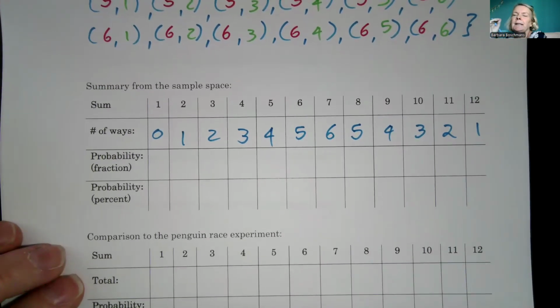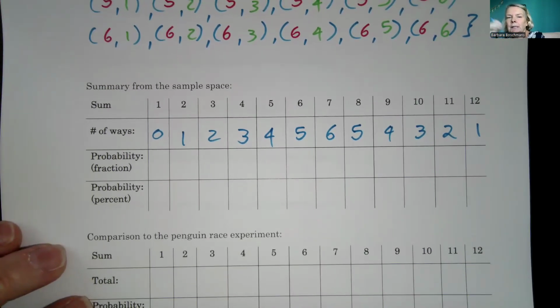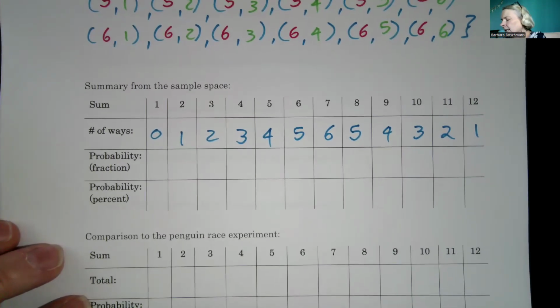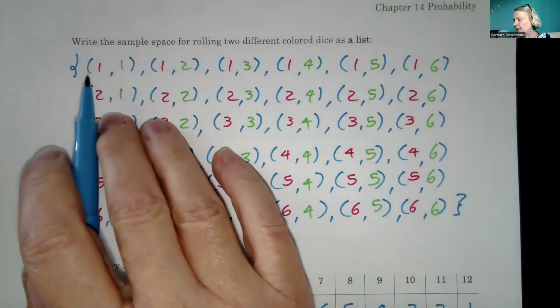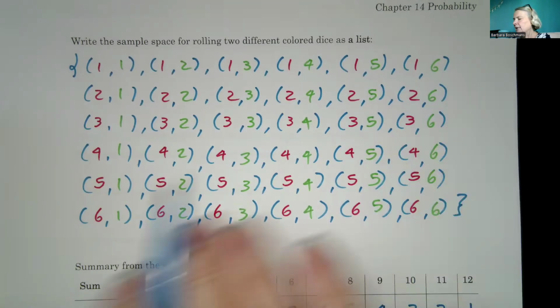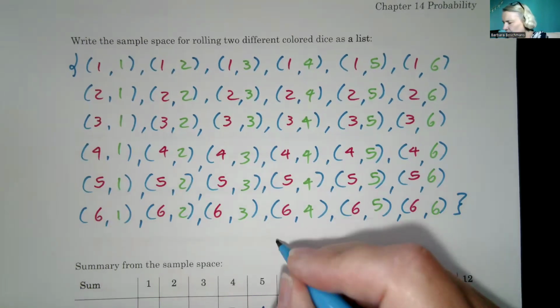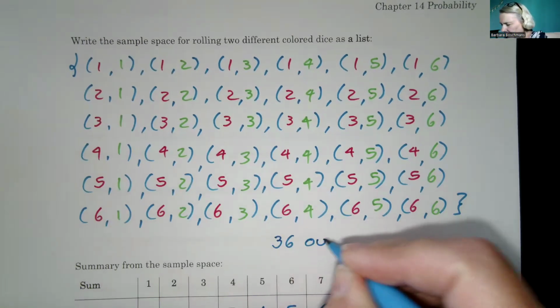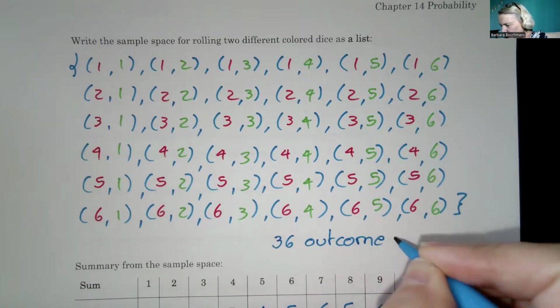The probability, and this is talking about the theoretical probability, not what we got doing our experiment. The theoretical probability is the number of ways a certain sum can happen over the total number of outcomes in your sample space. So if you look at your whole sample space, you have 6 outcomes in row 1, 6 in row 2, and all the way down. So we have 36 outcomes.